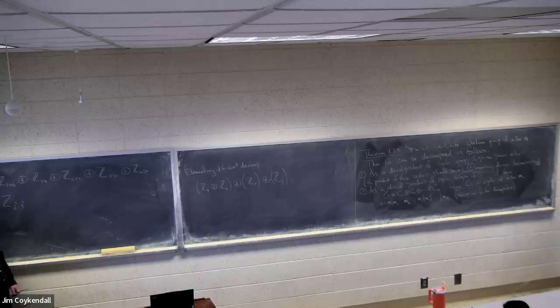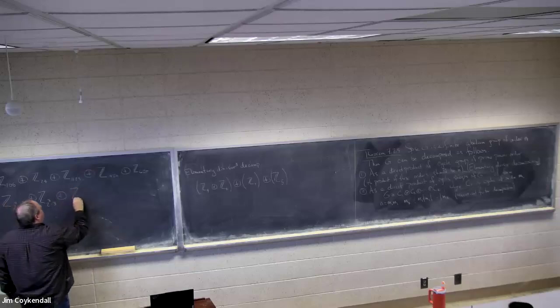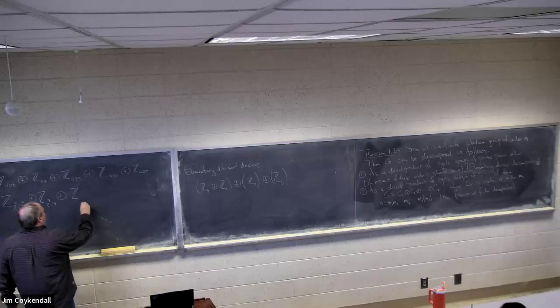You better check the math on that. This is 2 cubed times 3. This is horrible. That's probably 5 cubed times 3 squared, I guess.